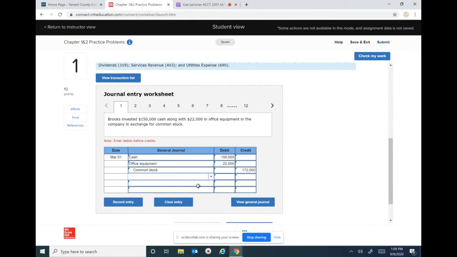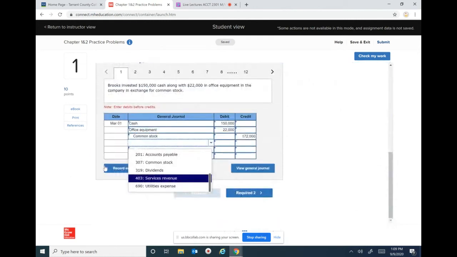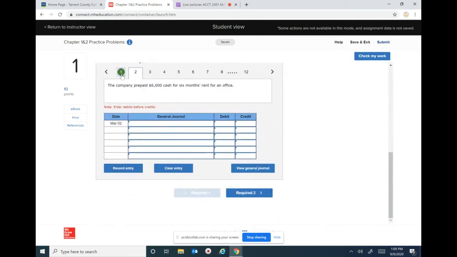In addition to that, what am I required to do? Nothing else. So at this point, I'm ready to record my journal entry. If I go back to journal entry 1, I can see the journal entry already prepared. So let's talk about what we just did.